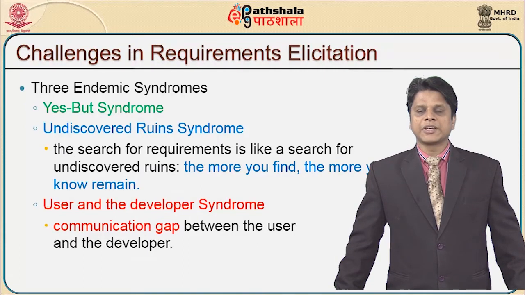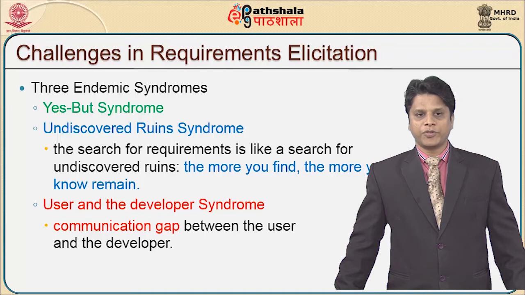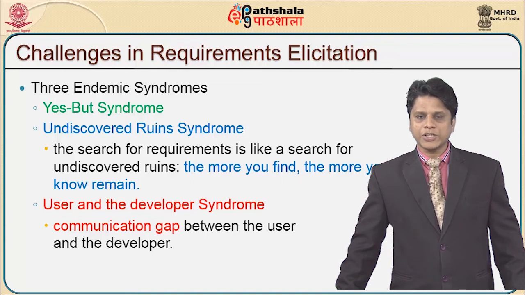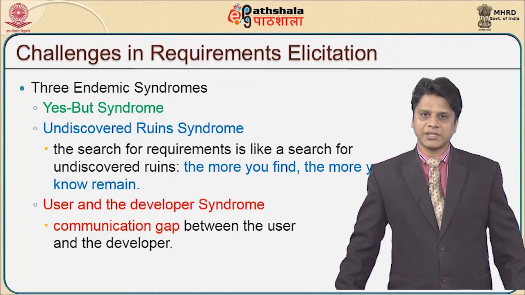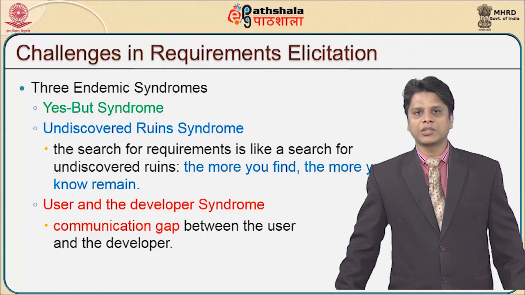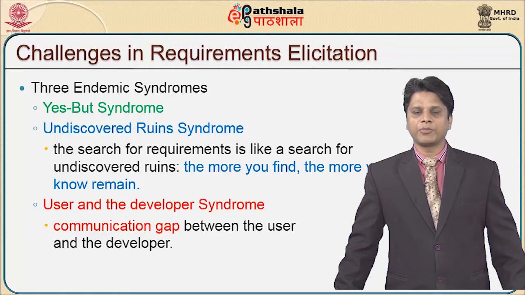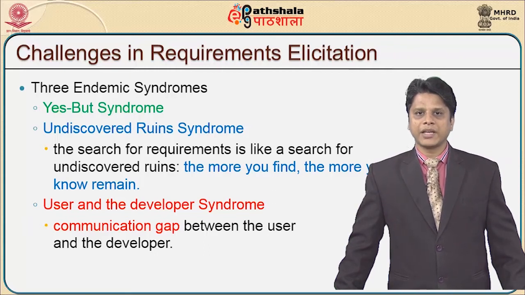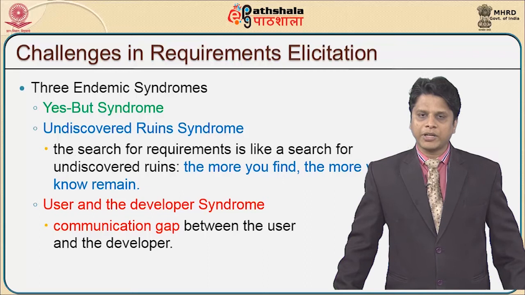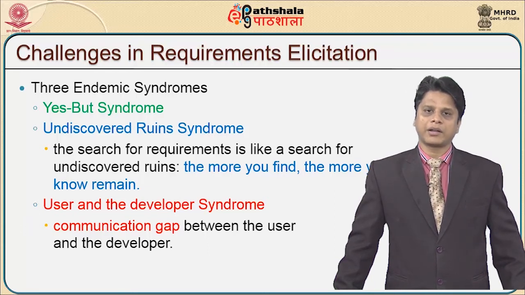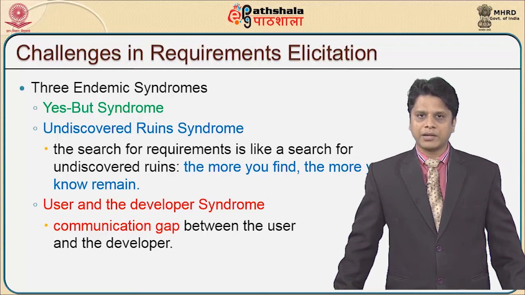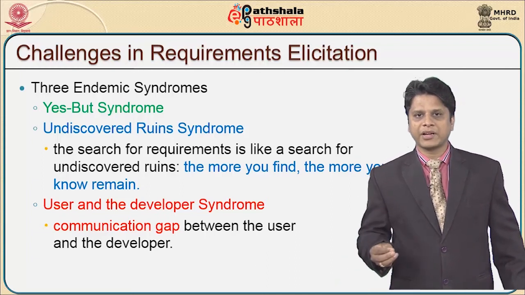As part of requirements elicitation, we have major challenges that are to be focused on. They have been categorized under 3 epidemic syndromes. The first is called the yes but syndrome, which is very common in today's scenario. If you seek help from some of your friends, they would generally first answer yes, but then they will add a but and specify a constraint.